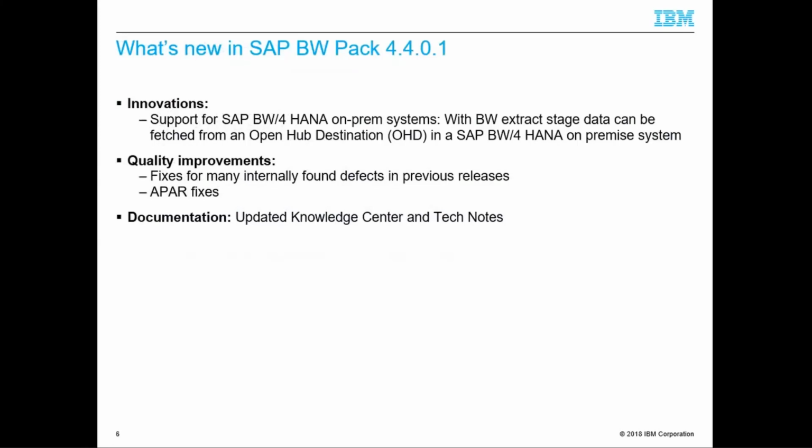There are improvements as usual in a fix pack, and we have fixes for many internally found defects in previous releases and IPAR fixes. And as Viorel mentioned, we have updated the knowledge center. In fact, in this particular release, we have come up with a very detailed document, a kind of tech note, which you can navigate through the knowledge center, which will explain all the stages of BW Pack with examples, so as to make you design and run the BW Pack stages much more comfortably.